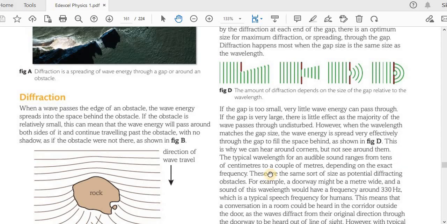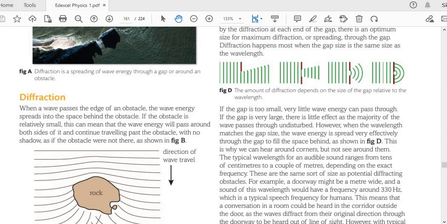The sound can go around the corners, it can diffract, but light doesn't diffract through the door because the wavelength of visible light is much smaller. It's 400 to 700 nanometers, so it's much smaller than the width of the doorway.